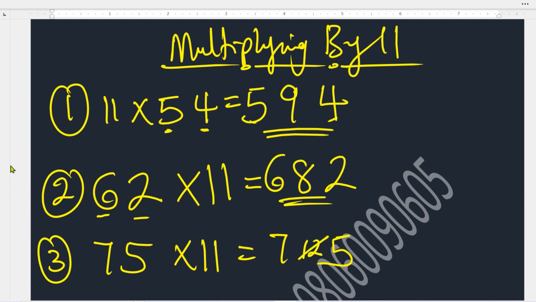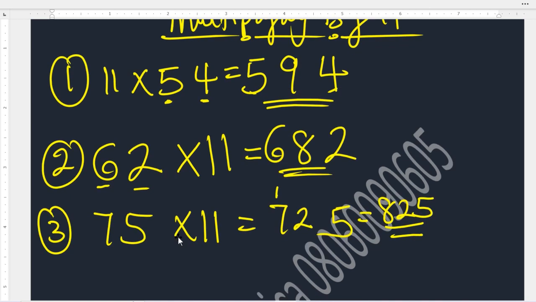Don't write 12 at the middle. 12 has 2 digits. So write down only 2, carry 1 over. Add the 1 to 7. That will give us 8. So 75 times 11 is equal to 825. Now look at the last example.